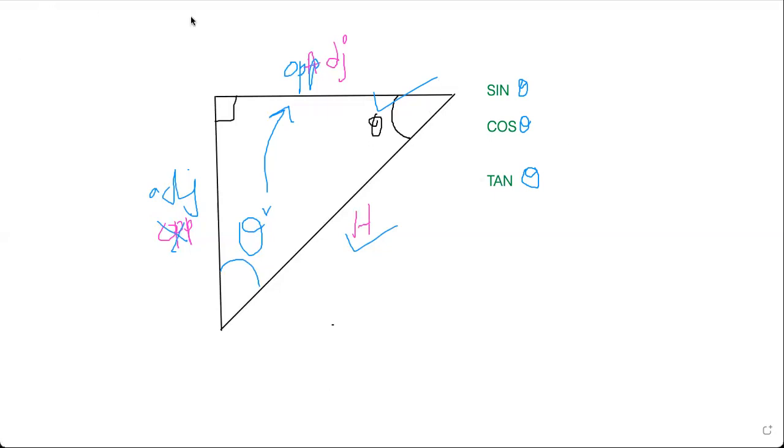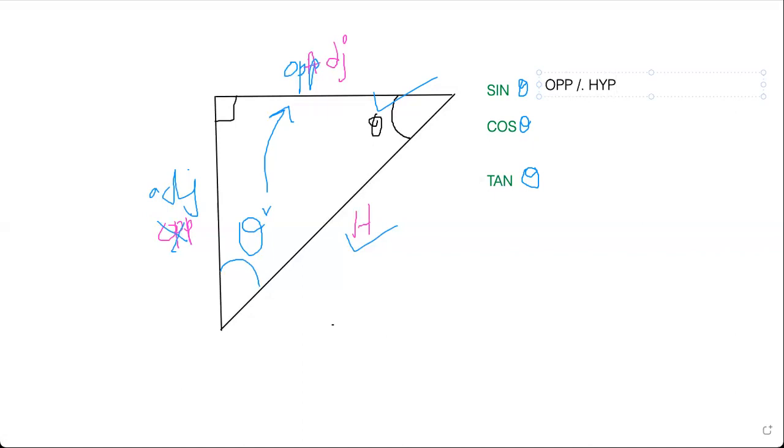For sine theta, let me change the color. Yes. The formula of the sine theta. Actually, we have to take a ratio between different sides. So let me tell you about sine theta first. Opposite divided by hypotenuse.